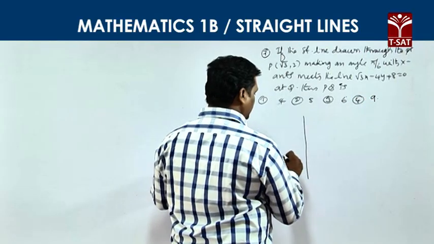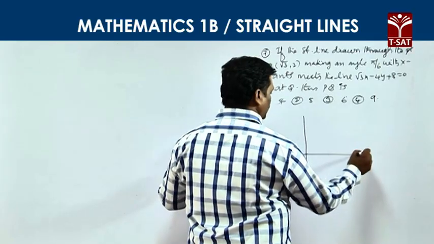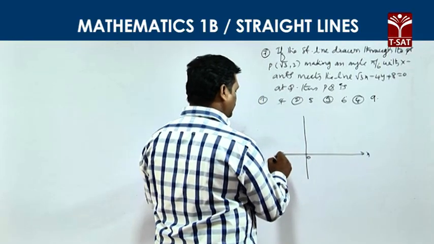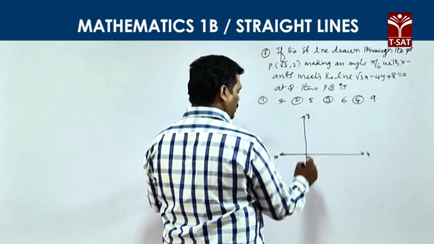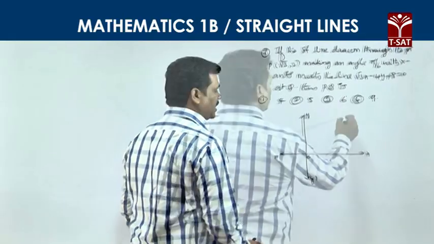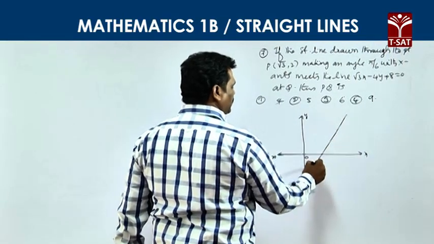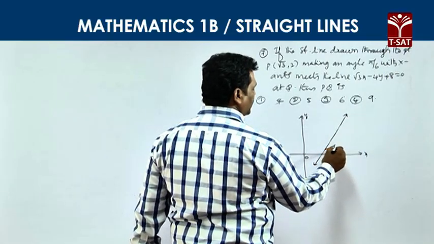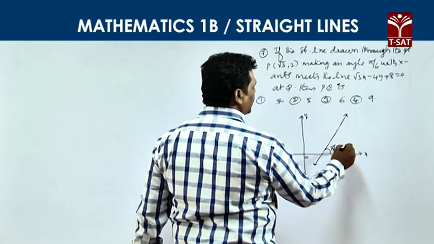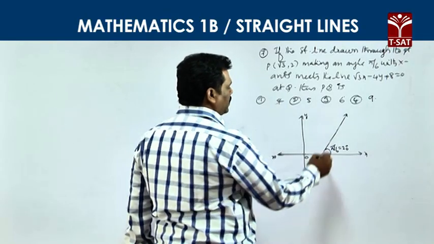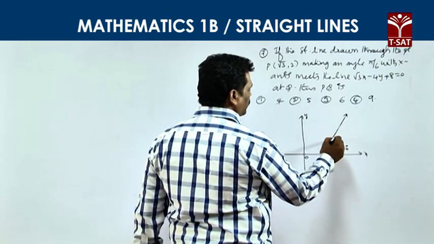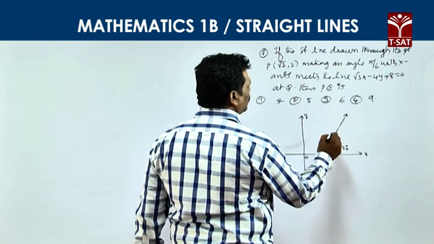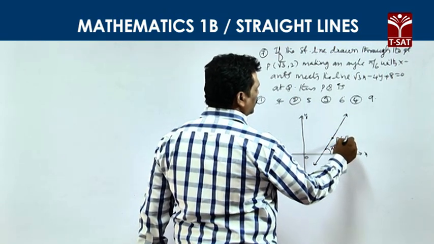This is the x-axis and y-axis, XOX dash and YOY dash. The positive direction of the x-axis. So here this is a line that makes an angle pi by 6, nothing but 30 degrees, and this straight line passes through P of root 3 comma 2.